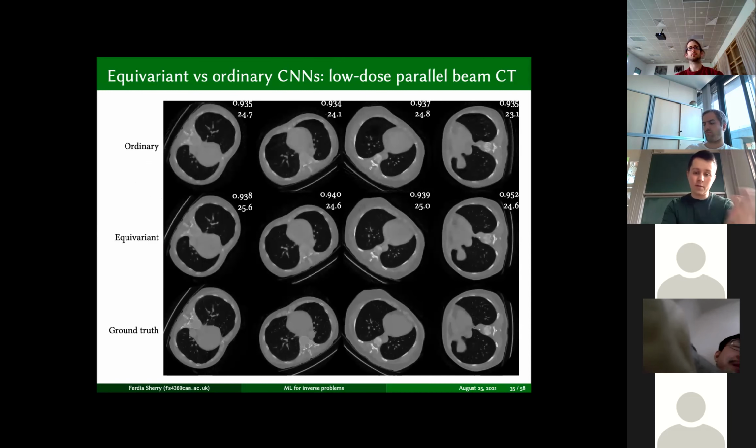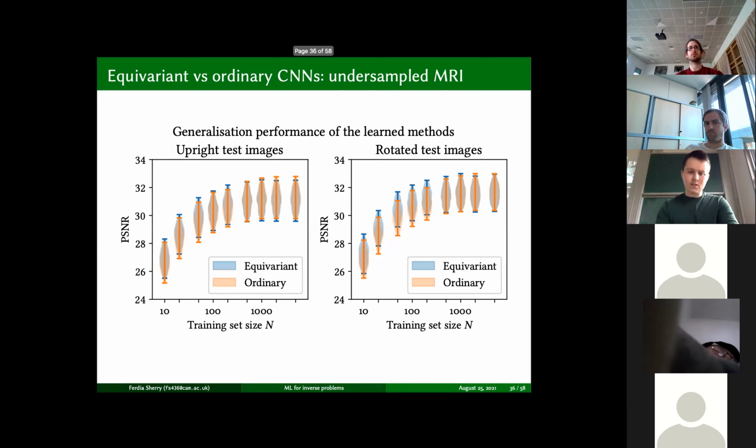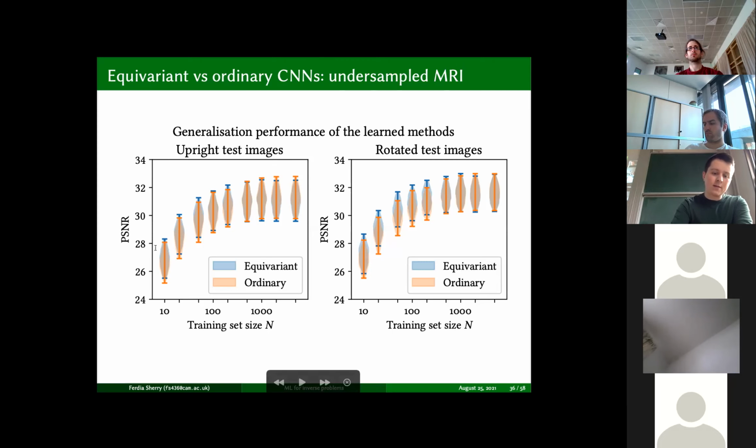And this is a comparison of some reconstructions for a low dose parallel beam CT problem. And you see a similar sort of thing in an MRI problem, where you get a bit of a gain for smaller training sets, and you actually see that the equivariant one does a bit worse than the ordinary one once you get to large training sets.